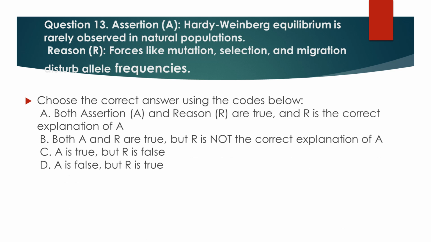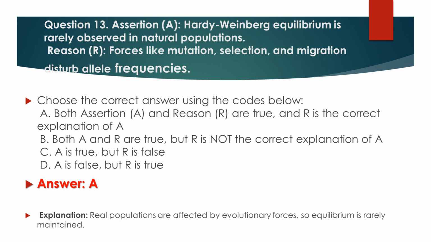A. Both assertion, A, and reason, R, are true, and R is the correct explanation of A. B. Both A and R are true, but R is not the correct explanation of A. C. A is true, but R is false. D. A is false, but R is true. Answer, A. Explanation: real populations are affected by evolutionary forces, so equilibrium is rarely maintained.